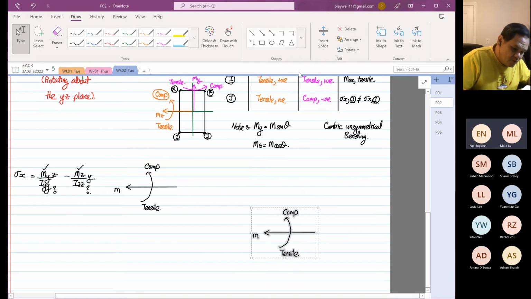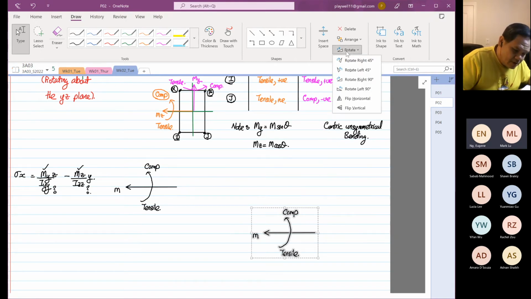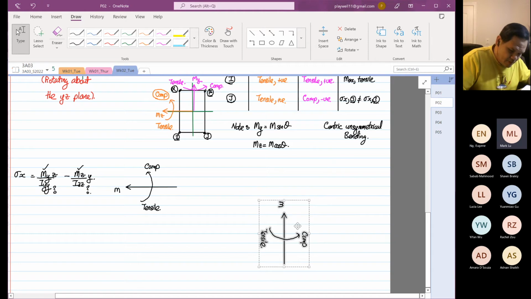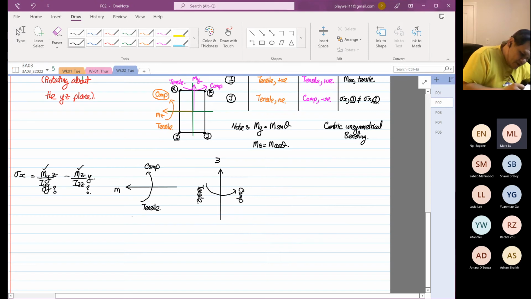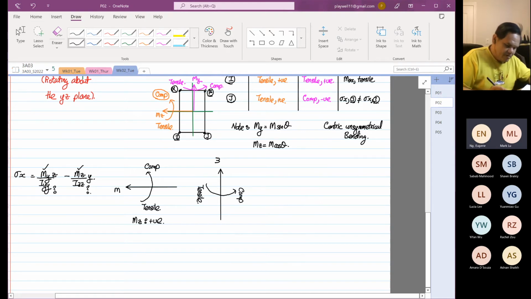So I'm going to rotate this towards the right. Now we know that this is moment about z, and the moment about z is positive.